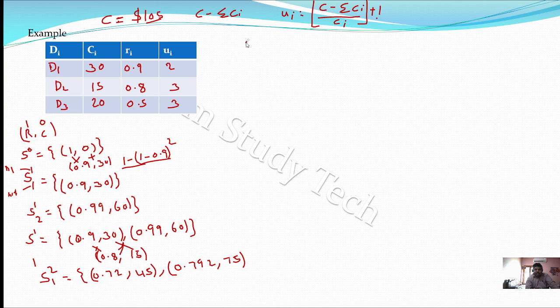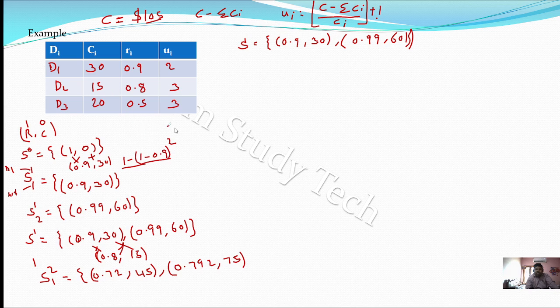So I am writing here S1 is (0.9, 30), (0.99, 60). Now I consider 2 copies of device D2.